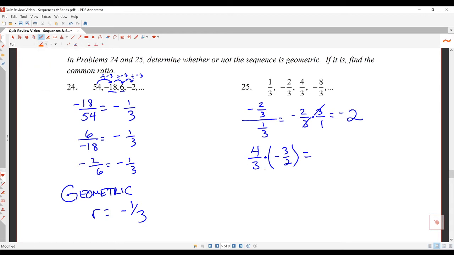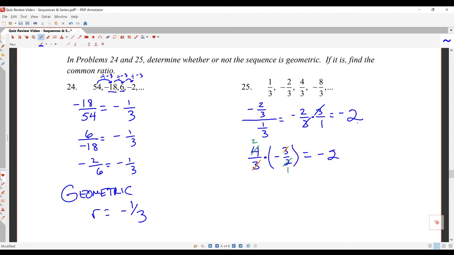And I wholeheartedly support canceling and simplifying diagonally when multiplying fractions. So those 3's cancel, as well as a factor of 2 from here and a factor of 2 from here. You don't have to do it that way. You can multiply and reduce afterwards. Either way, though, I get negative 2.